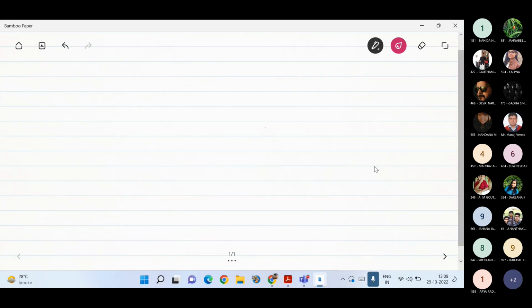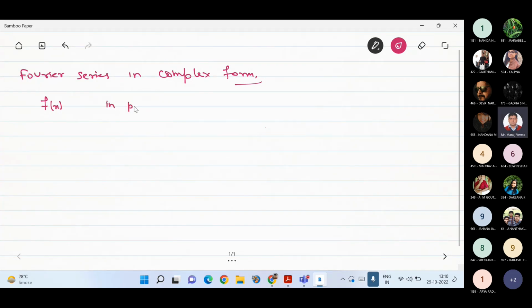So suppose a function f(x) is defined in a period 2L.